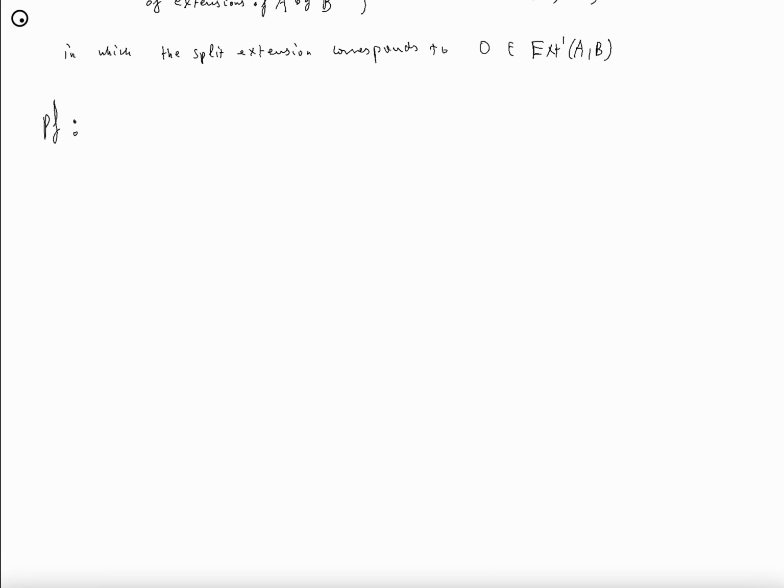That's what we know. So for any A there exists a short exact sequence 0 to N to P to A to 0, where we require P to be projective. This exists, and you just take N to be the kernel, right?